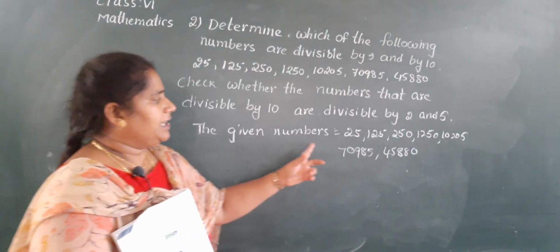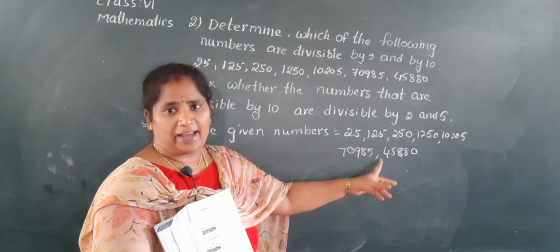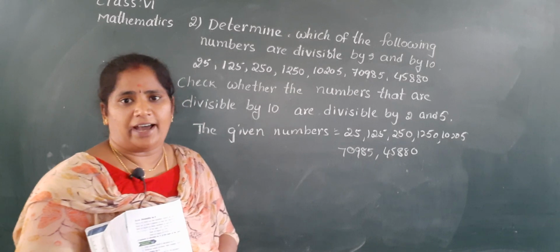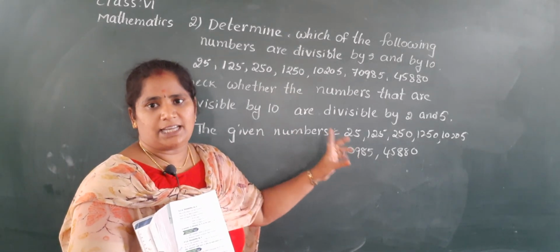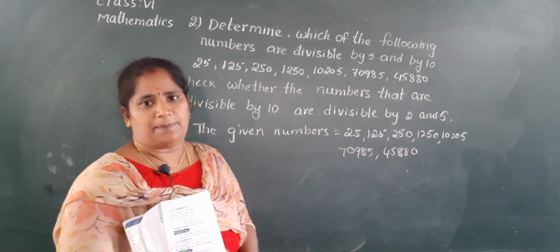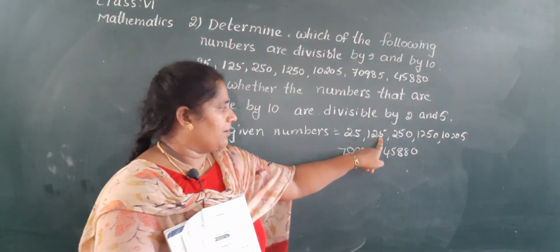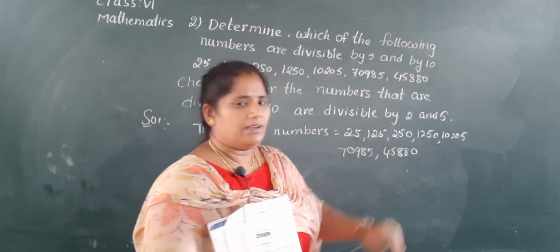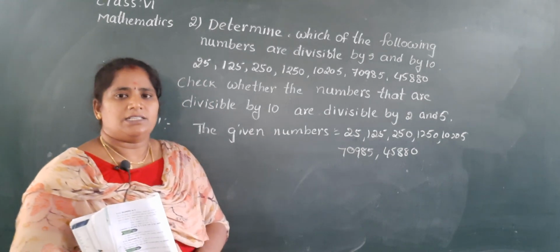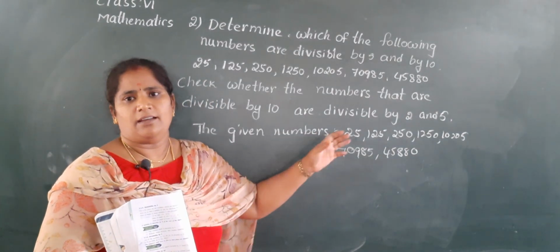See children, here these numbers are divisible by 5. What is the divisibility by 5? A number is divisible by 5 only if it has 0 or 5 in its units place. Yes, see, check it Nana here. 5 is there in the units place. 5, 0, 0, 5, 5, 0. As all the numbers are having 0 or 5 in the units place, these numbers are divisible by 5.